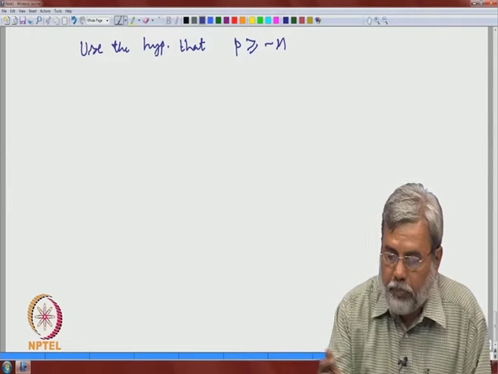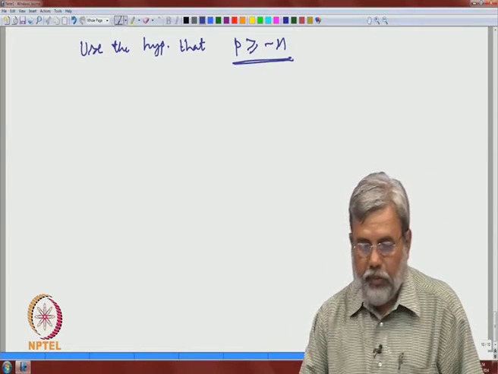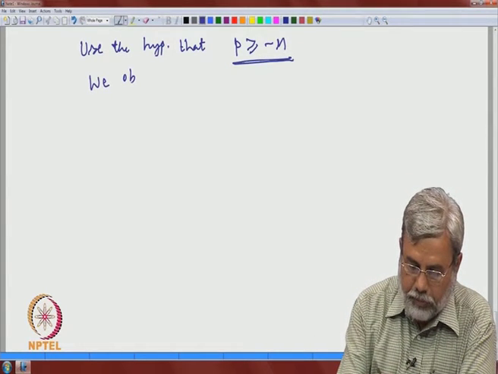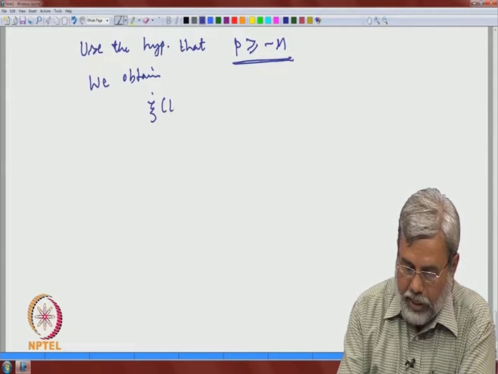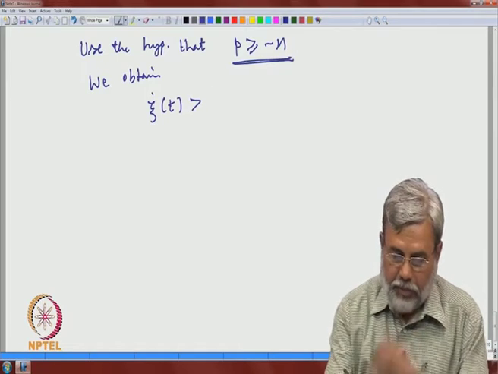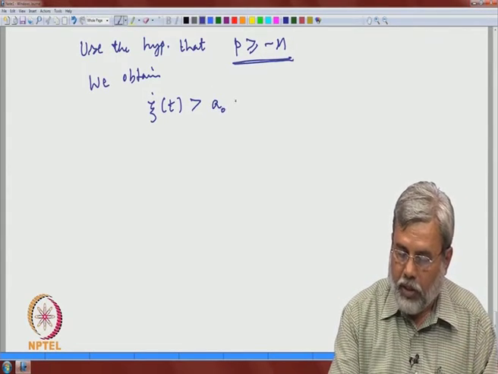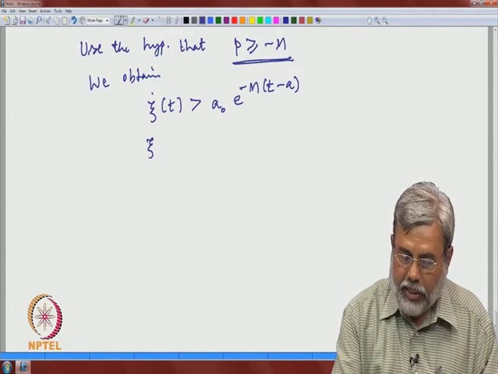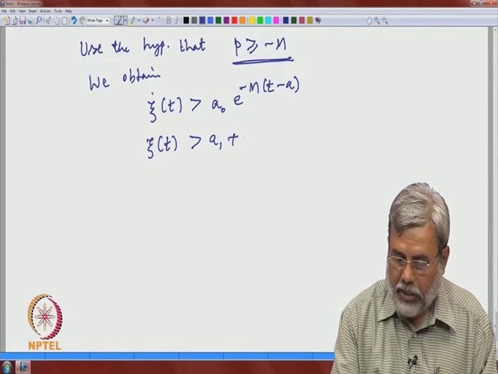And then if you plug in this hypothesis on p, so we obtain j dot t is bigger than a 0 e to the minus m t minus a, and j t bigger than a 1 plus a 0.